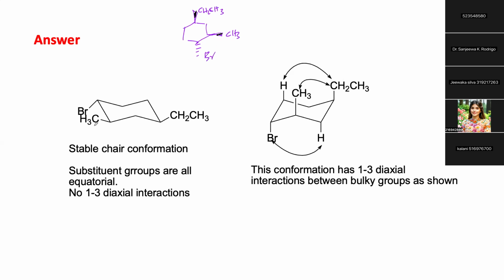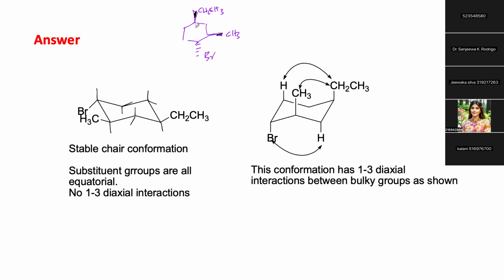So that means you have to select, see here you have axial, and here you have equatorial, axial, axial, equatorial, equatorial, axial, then axial, equatorial, equatorial, axial. So you have to pick the correct one, whether it's equatorial or axial.